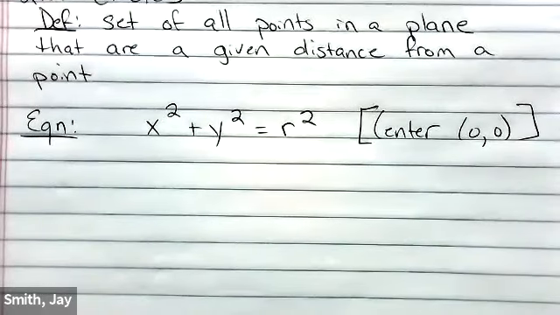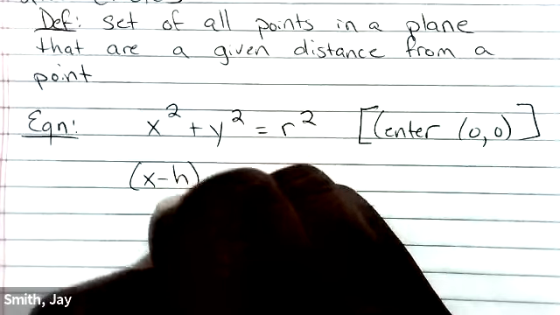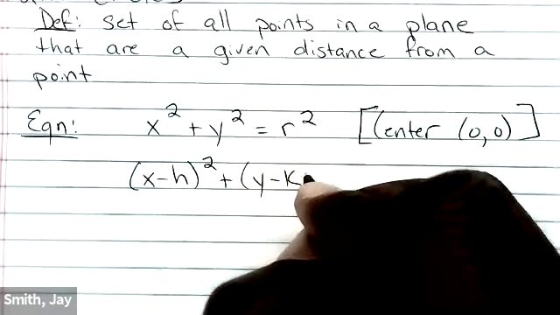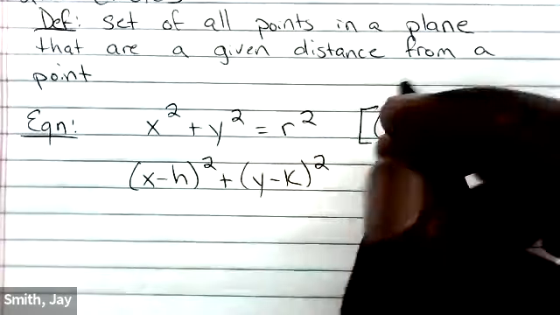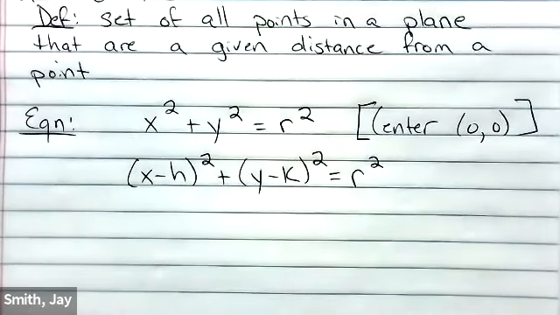And if it's not centered at the origin, then the equation of the circle will be (x minus h) quantity squared plus (y minus k) quantity squared is equal to r squared. This is with r being the radius, x and y being the x and y components for those points.